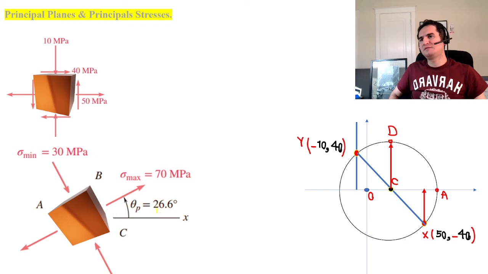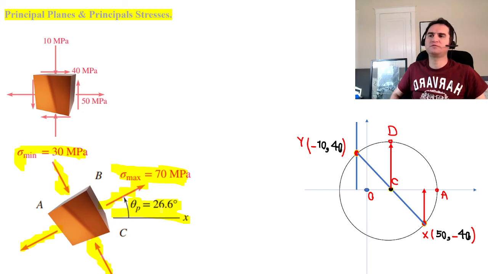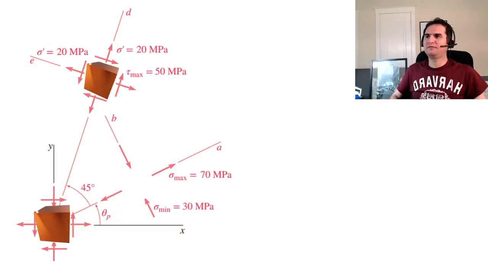So it means if you remember our original sample, by a theta p of 26.6 degrees from x you go to sigma maximum of 70 megapascal, which has no shear, with just sigma min and sigma max. And with a further rotation of theta p plus 45 degrees, it gets you to the maximum shear.